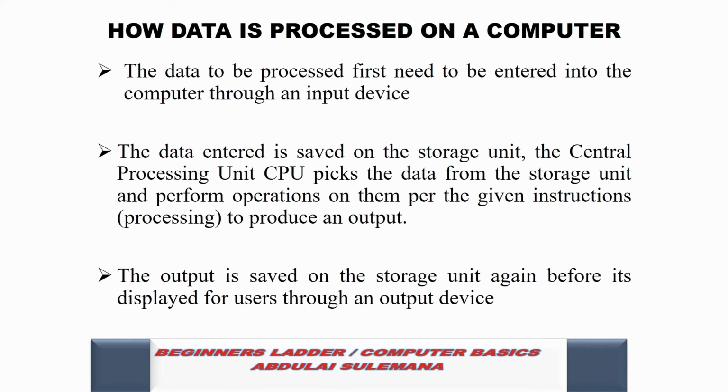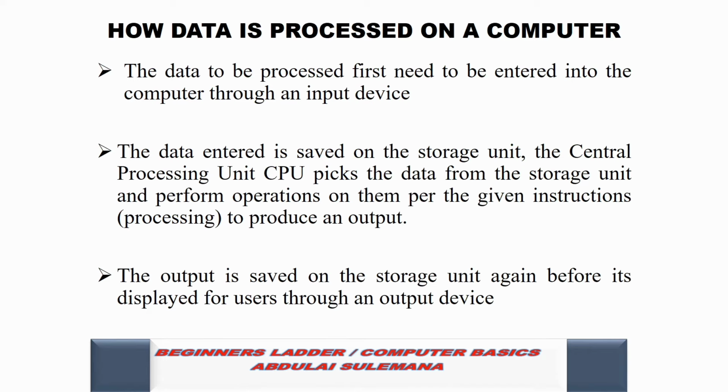Once you put it in and it is accepted, it means that something has been provided, which is the storage unit. So a computer should have a storage unit, a primary storage unit, where when you enter data, that storage unit will hold the data before you do anything on it.